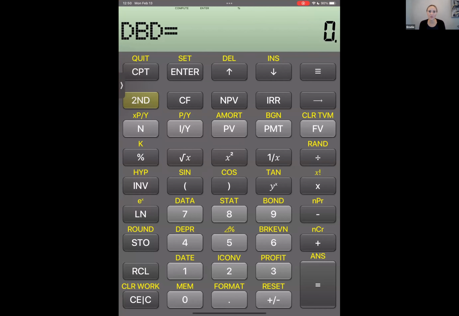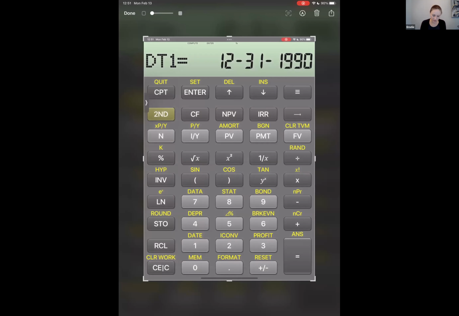Scroll down, and then it has the DBD, the days between dates. And if I scroll down again, it's the ACT. We're going to ignore that. And so I've got date 1, date 2, and days between dates. Those are the ones that we're going to use. Okay.